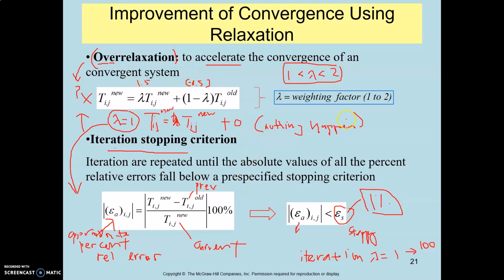By doing this, you should be able to obtain fewer iterations. In this case, lambda equal to 1.5, we say we are applying the over-relaxation method. In order to speed up the process, the 100 iterations can be reduced to maybe 50 iterations to get the same accuracy.